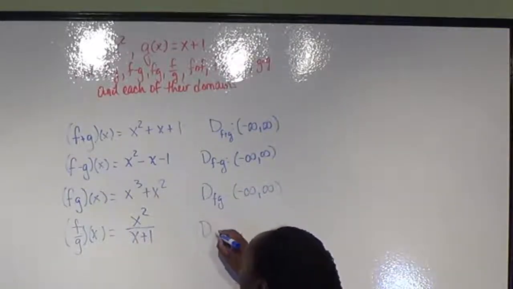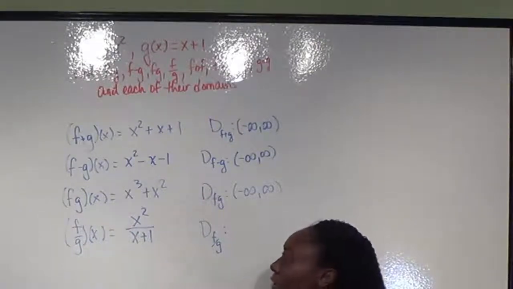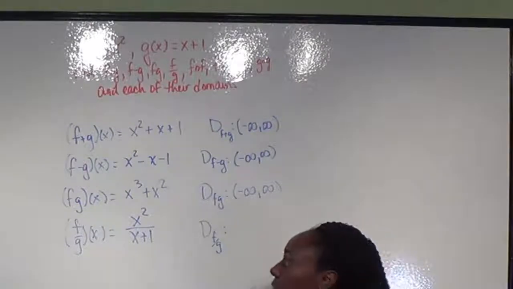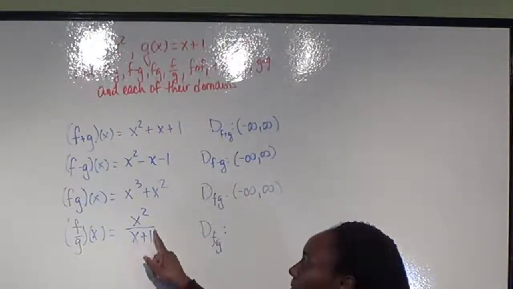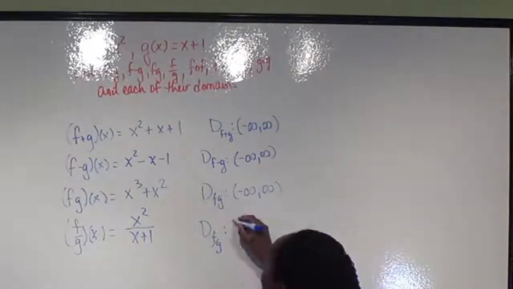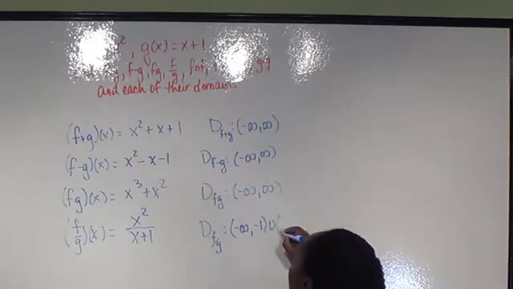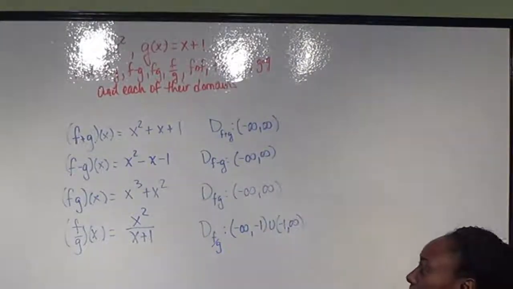My domain here, well, it's still the intersection, but this one had the caveat that I can't have g of x equaling 0. So notice when x equals negative 1, g of x equals 0. So my domain here has to exclude negative 1.